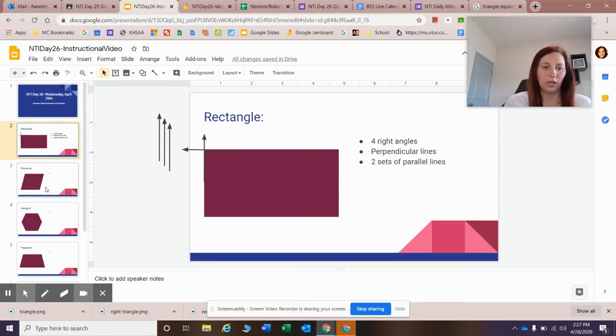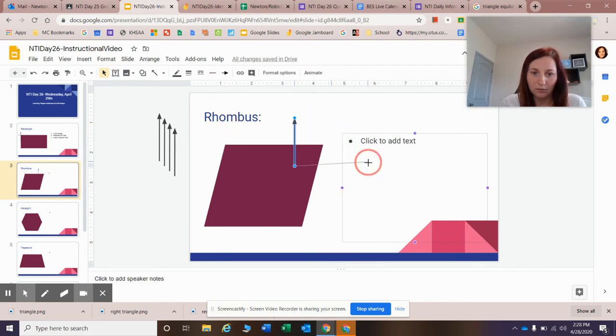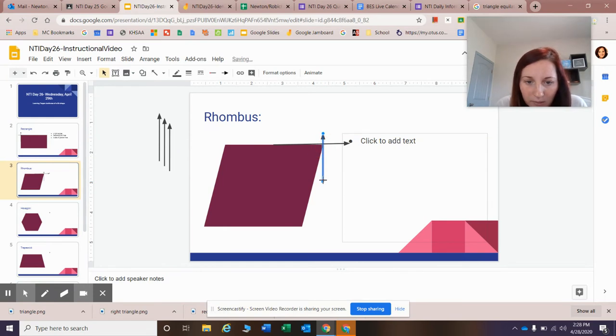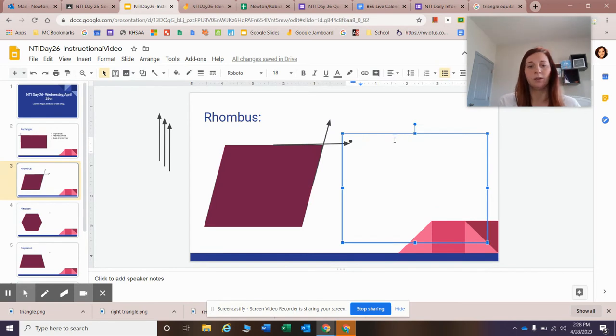All right, let's look at a different shape. When it comes to the rhombus, it's important to remember that these lines keep going. If you look, I've got my line right there. We'll look at this line specifically. It doesn't just stop once it meets another line like you see in a shape. You have to picture them like they keep on going forever and ever. Lines never stop.